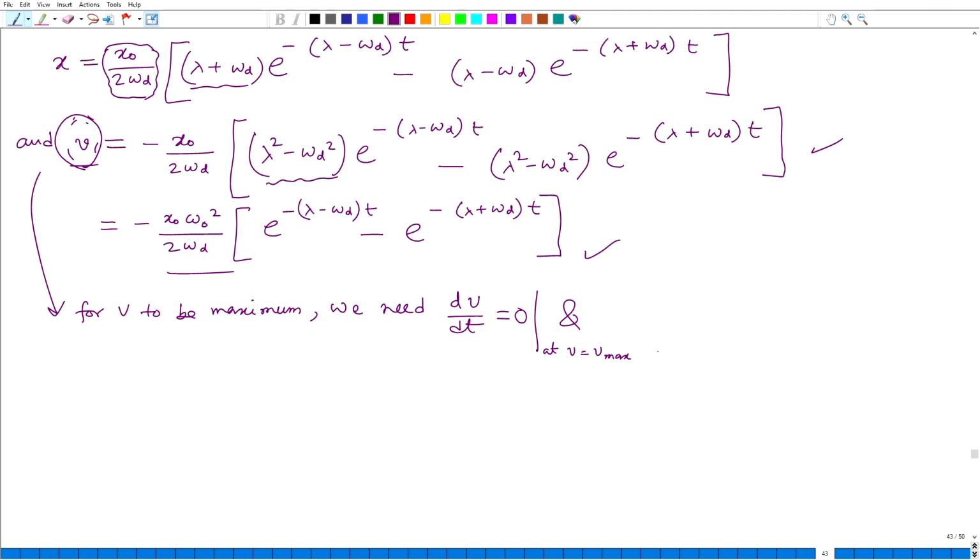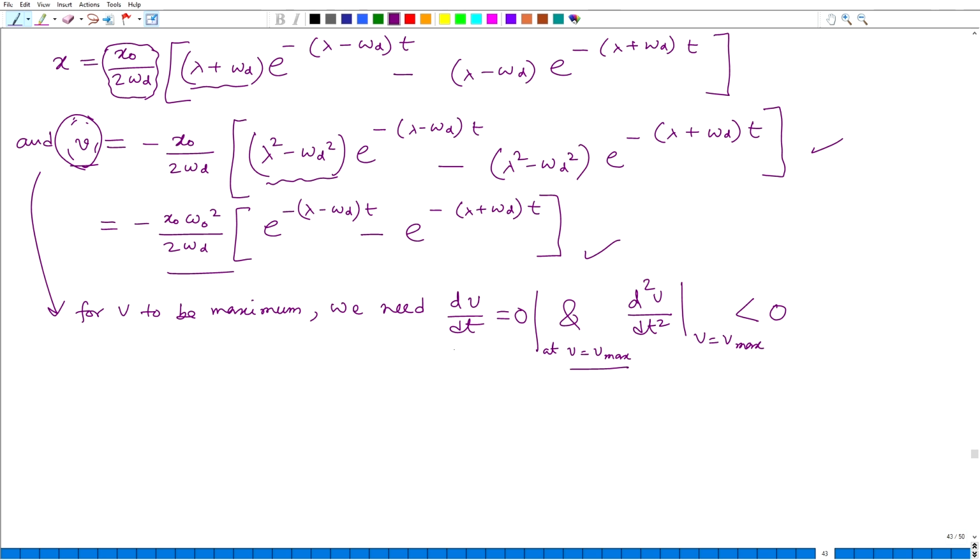I am just saying that this is something we have to have at one specific value of velocity, and for that specific value if you also evaluate d2V/dt2, then that will be less than 0, that will be negative, that is the maximum condition.